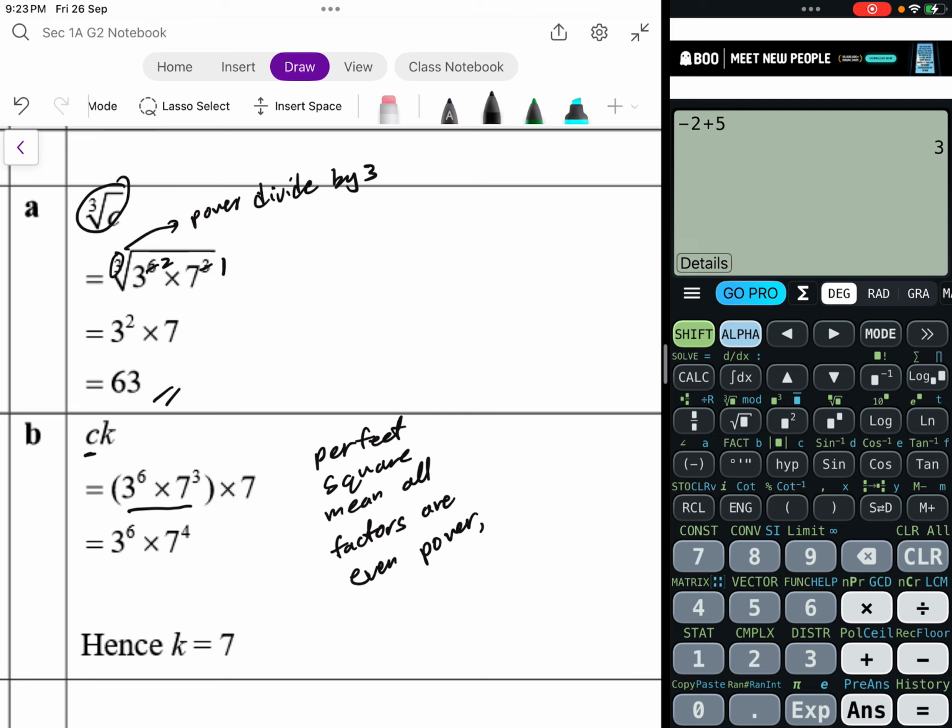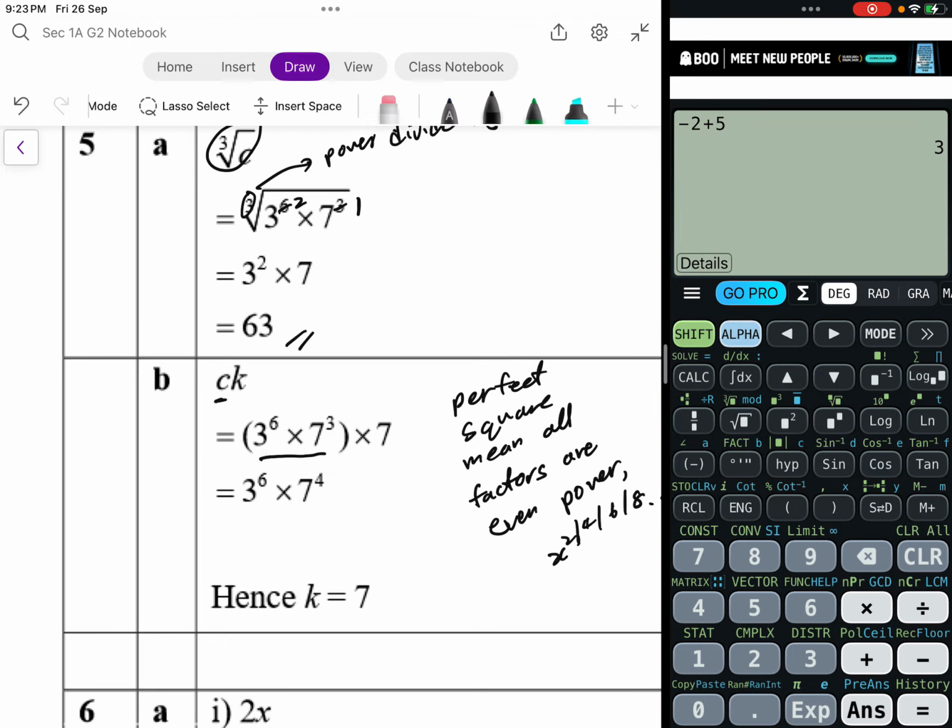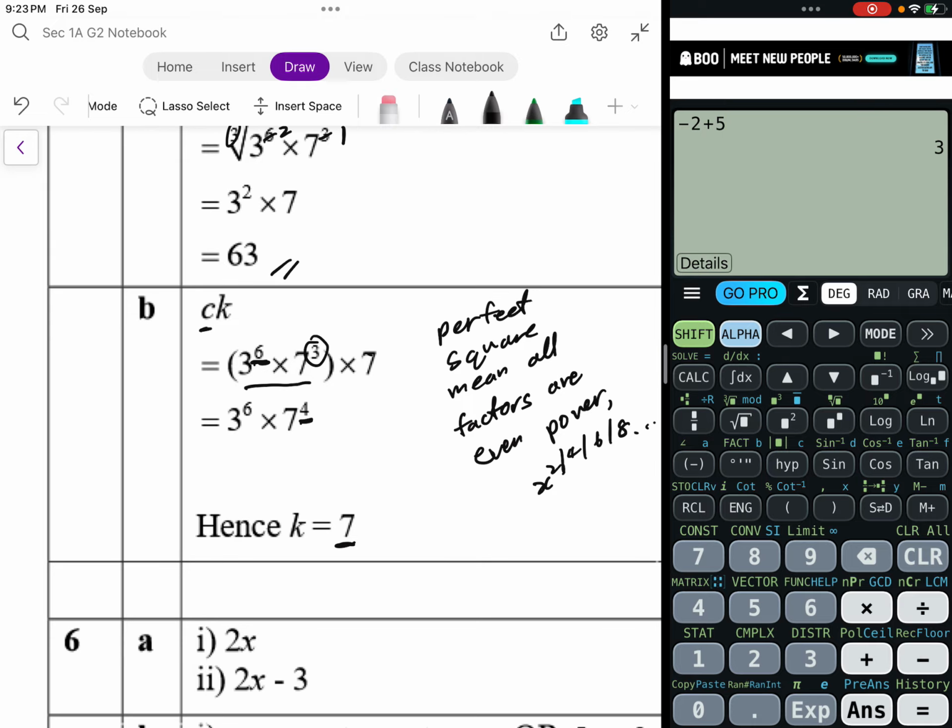Even power means 2, 4, 6, 8. So 3 to the power 6, this is already even. But 7 to the power 3 is an odd number. So we need to multiply with another 7 so that we can get 7 to the power 4. So hence k is 7. They ask for the smallest integer, so this is the smallest number that we can multiply to get 3 to the power 6, 7 to the power 4.